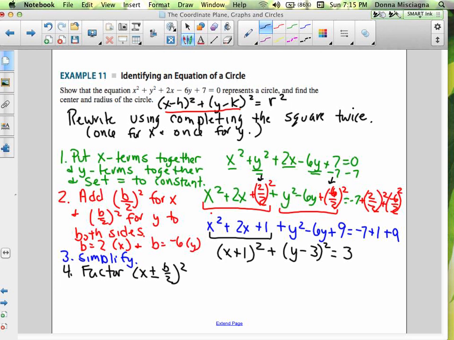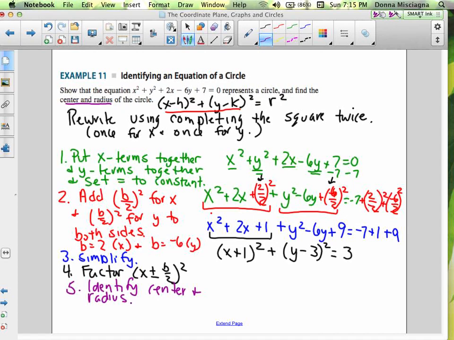We can now do the last thing, which we were asked to not only rewrite this, but to identify the center and radius. So that'll be our step 5, because that's what we're asked to do. And we'll always do that when we're just rewriting.